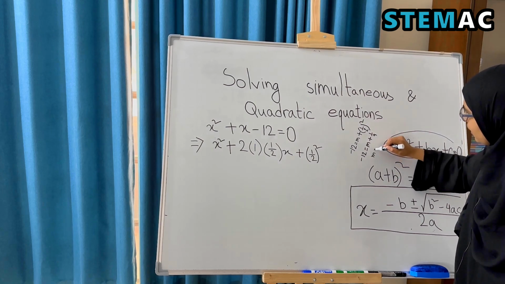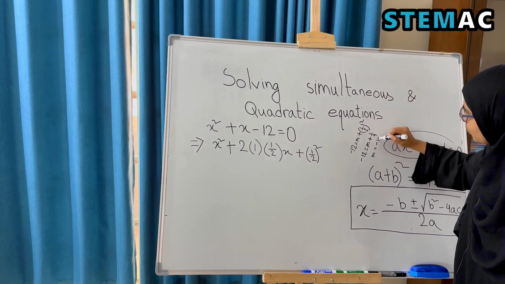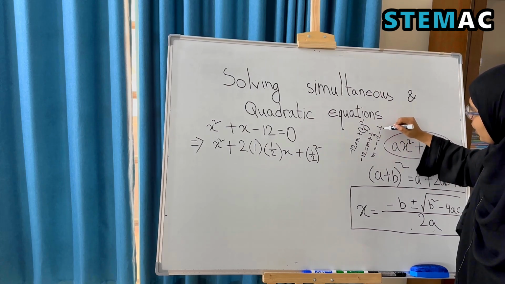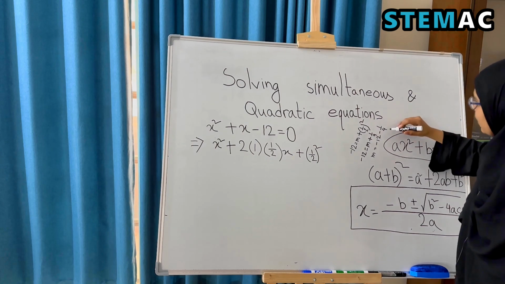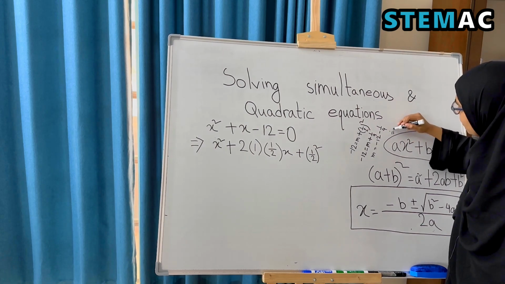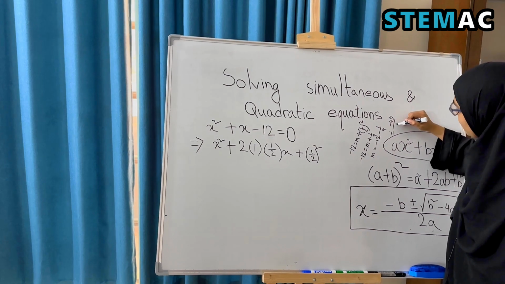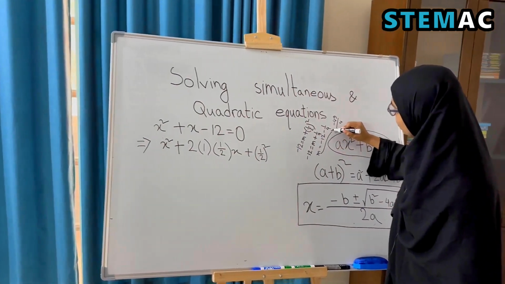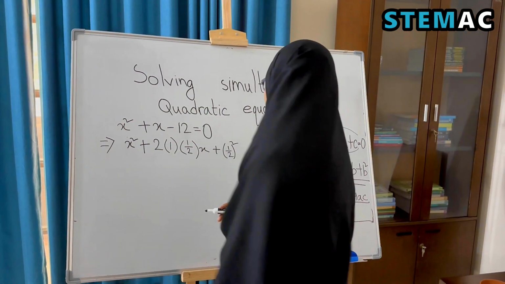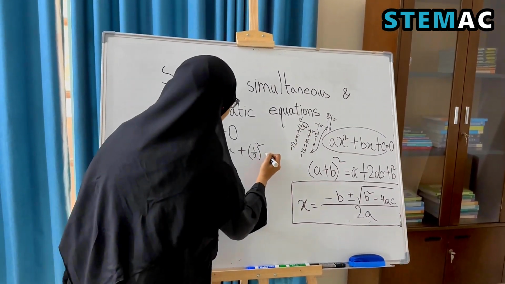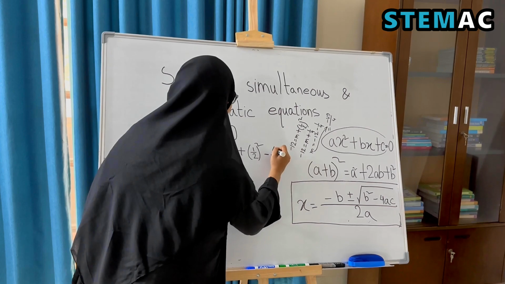m equals minus 12 minus 1 by 4, minus 49 by 4. So what I have done here is that we found that we have to write here minus 49 by 4.